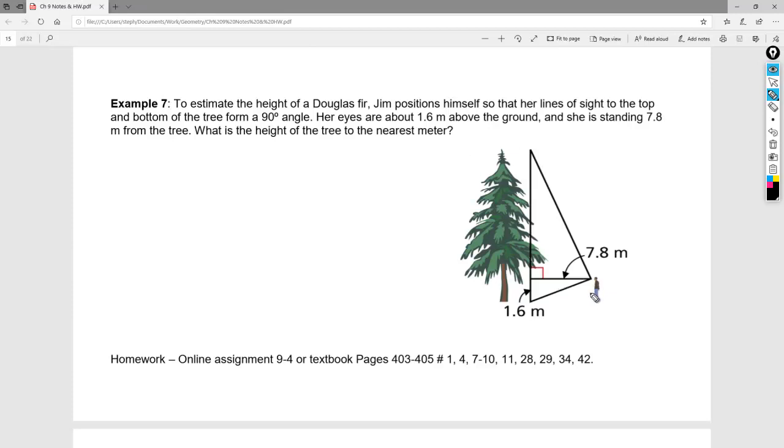The eyes are 1.6 meters above the ground, and we're standing 7.8 meters away from the tree. We want to know the height of the tree, so we're solving for this right here, the hypotenuse. It would be easiest if we assign some variables. So let's assign variable x here.